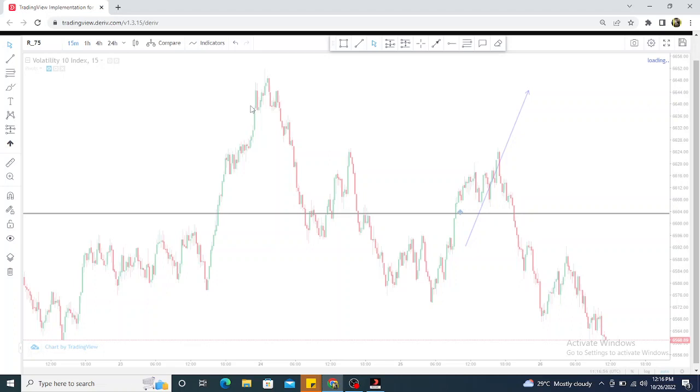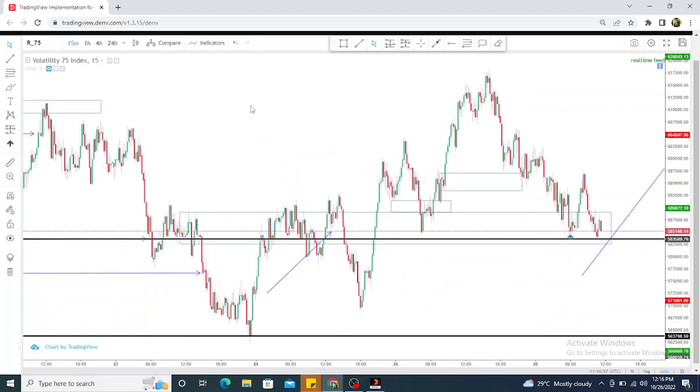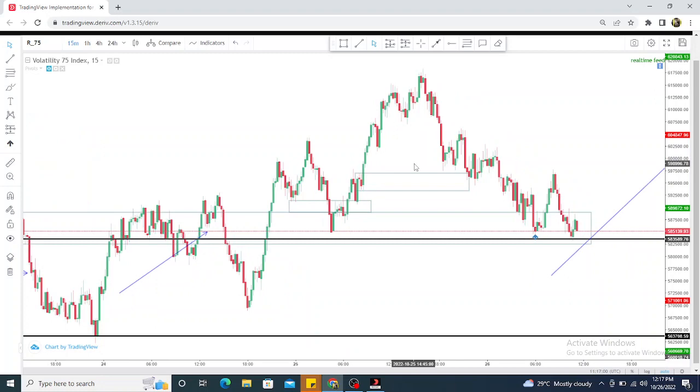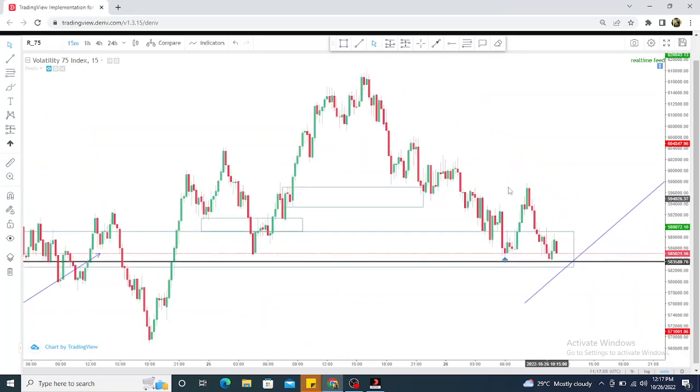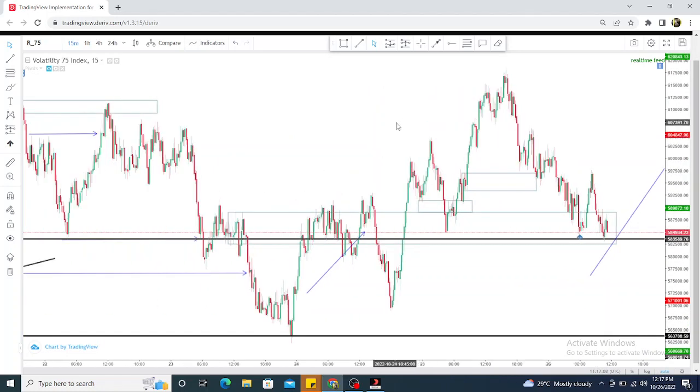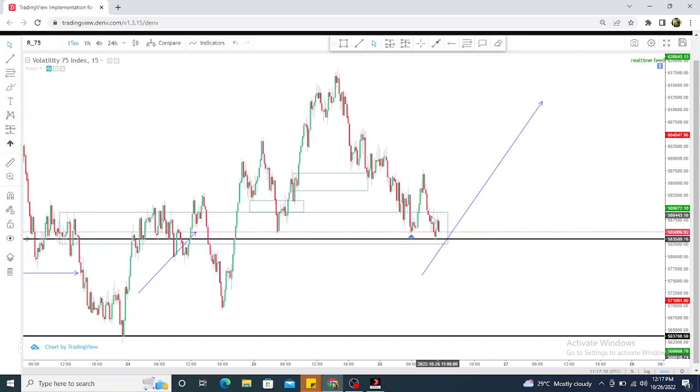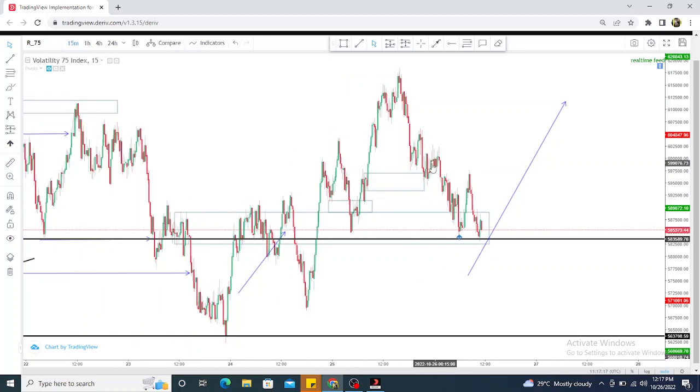And V10 is a bearish trend for us. Let's see. We are still ranging around this box. We have a stop loss below this level in V75.